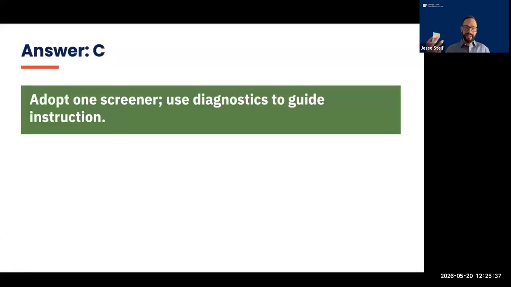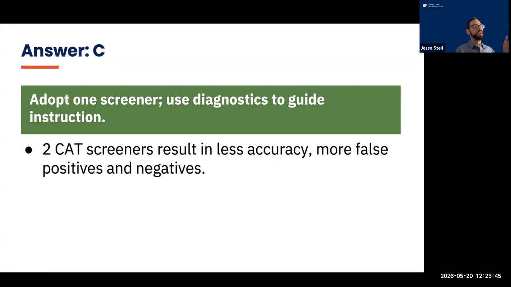All right. The answer, C, adopt one screener and use diagnostics to then guide instruction. So answer choice A, two computer adaptive test screeners will result in less accuracy and more false positives and more false negatives. By false positives, we mean we have actually identified a student as at risk, but they actually don't need intervention.